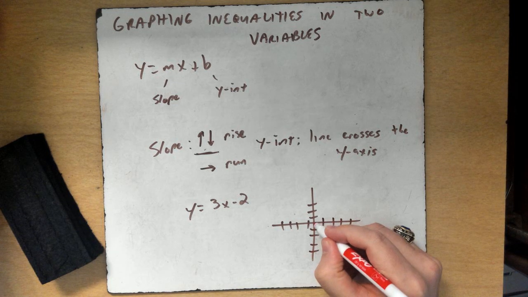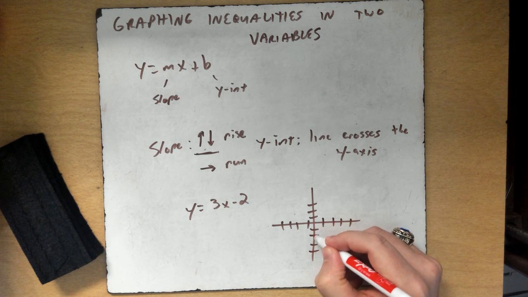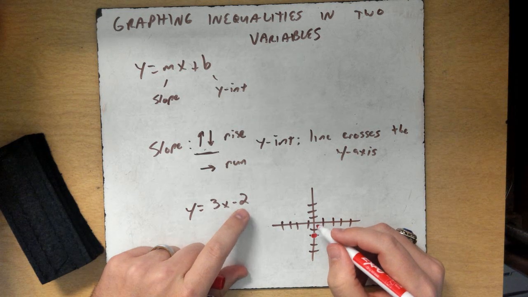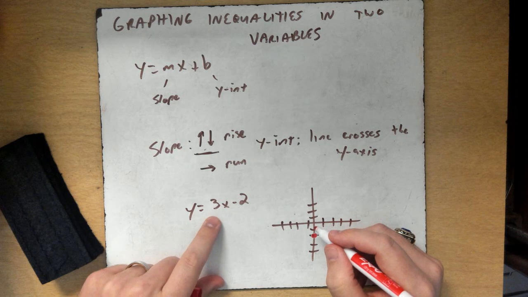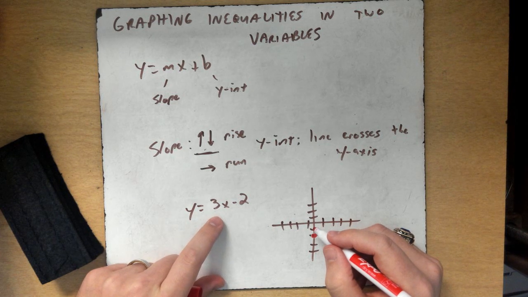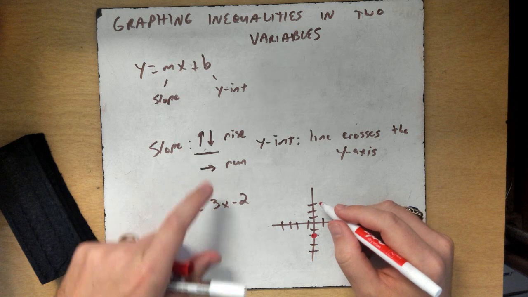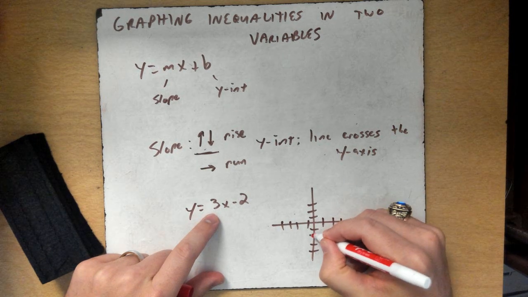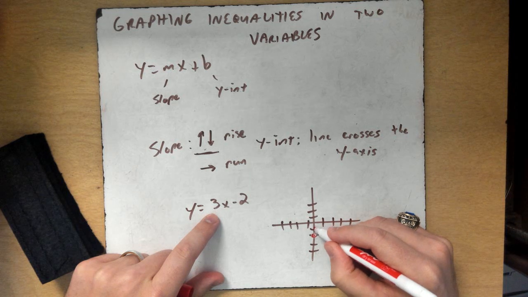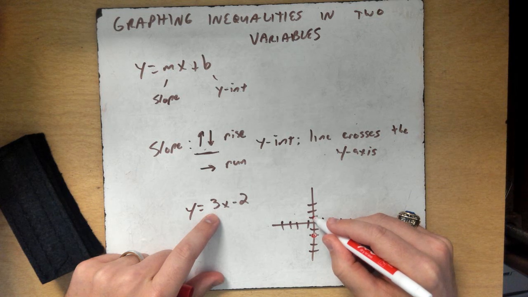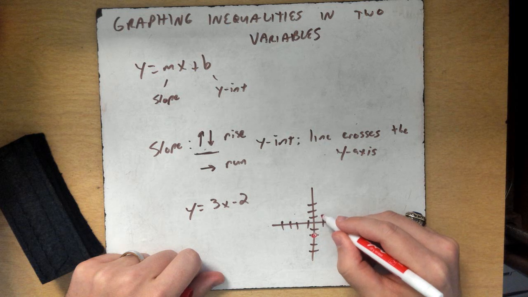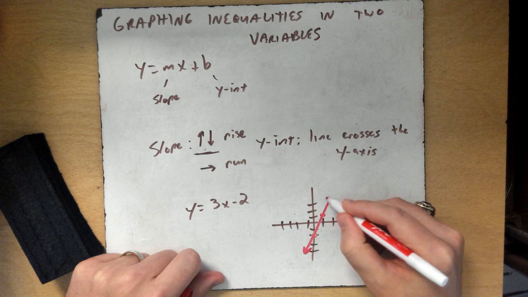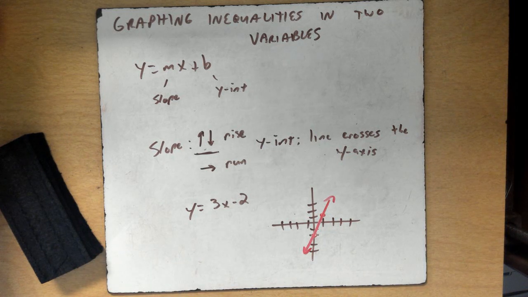So I start from my origin and count down 1, 2, and that's my y-intercept, negative 2. My slope is 3, which is positive, so I go up. From my point, I count up 3, so 1, 2, 3, and because x is by itself, it's always over 1.